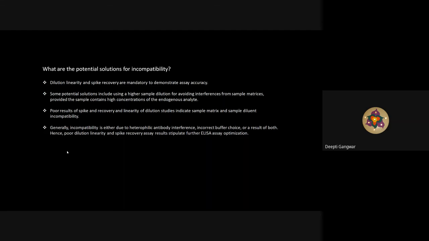So what you have to do is this: suppose out of these three concentrations the highest concentration is not giving me the accurate value, then I will go down to the middle concentration, and keep working with these two concentrations.